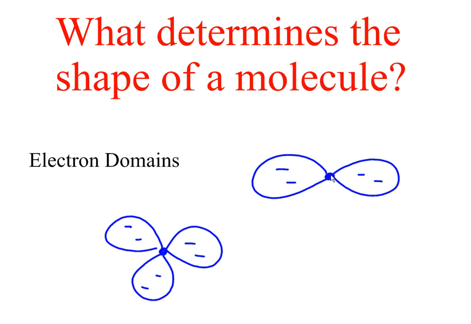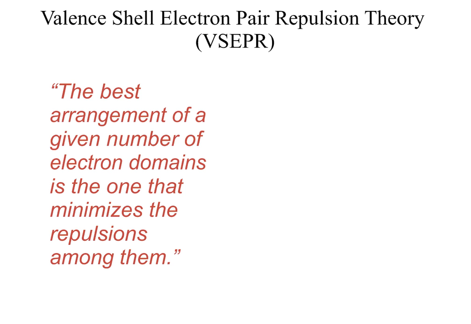And so we can keep going with this, adding more and more electron domains, and looking at how the repulsion puts those together, or how they arrange themselves to minimize the amount of repulsion that is experienced. The method that we use to predict the shape of the molecules is called the valence shell electron pair repulsion theory, where we try to minimize the repulsion by placing the electrons in the appropriate places.